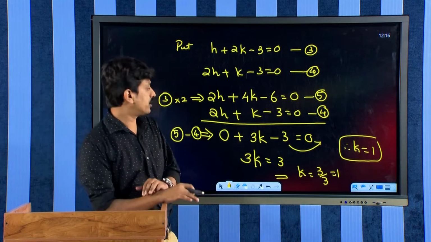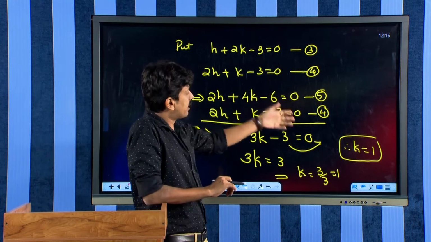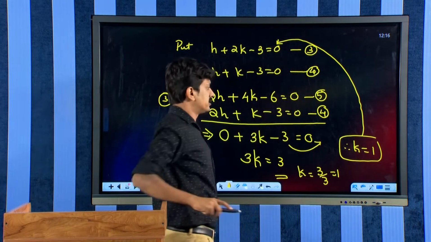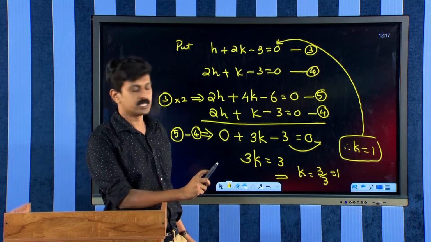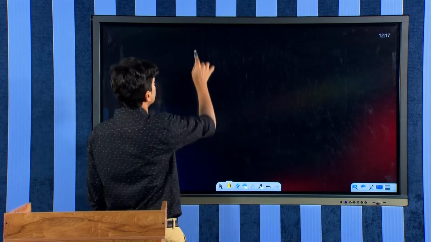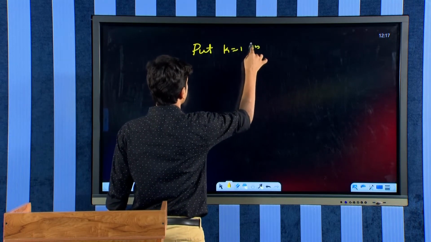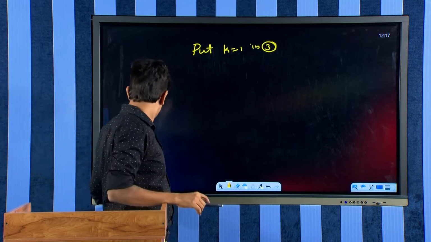Now, we have the value of k, k is equal to 1. Now, we can put the value of k in either 3, 4 or 5. I would like to put k is equal to 1 in 3.